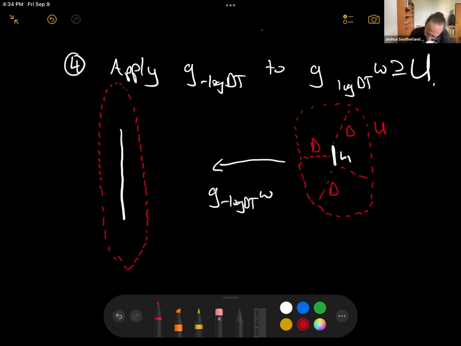Okay, so if we think about what this is doing, this matrix is 1 over dt, 0, 0, dt. So when we go backwards, we're now expanding in the y direction and compressing in the x direction. And you can sort of see what will happen. The x direction, which was d over here, is going to become divided by dt.